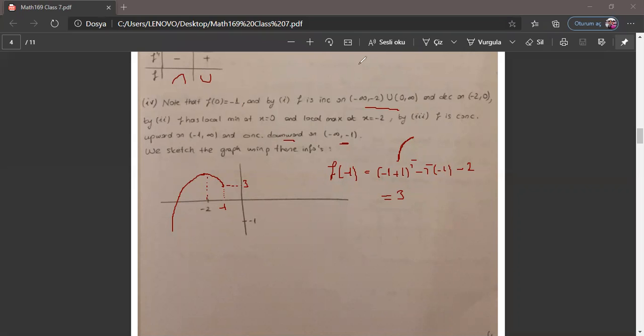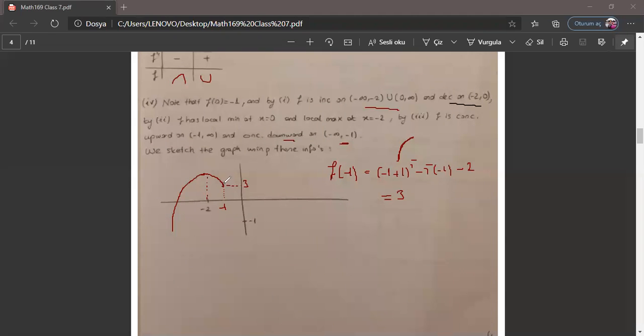No, it is correct. Yes, it's correct. So now what do we do? We know after this point -1 it is concave upward, and it is decreasing on this interval from -2 to 0.